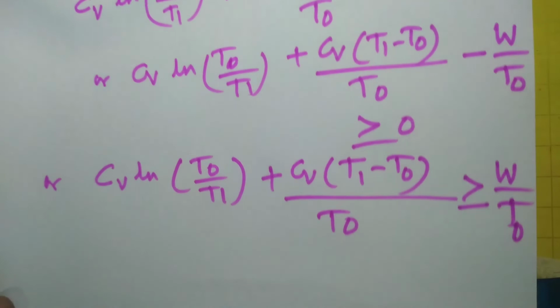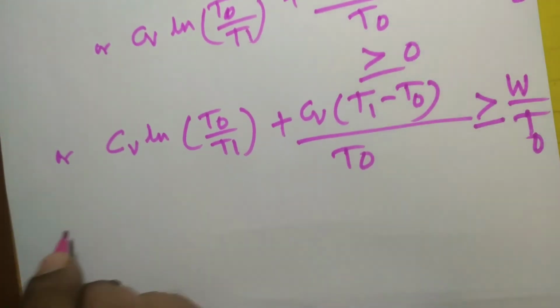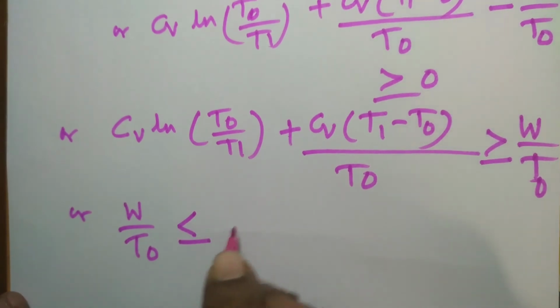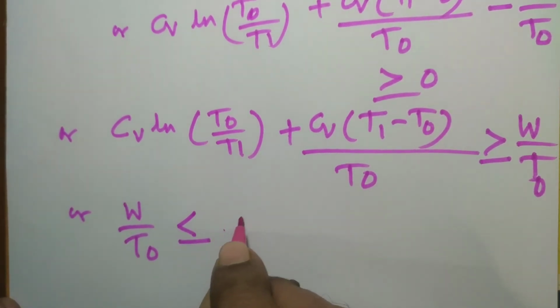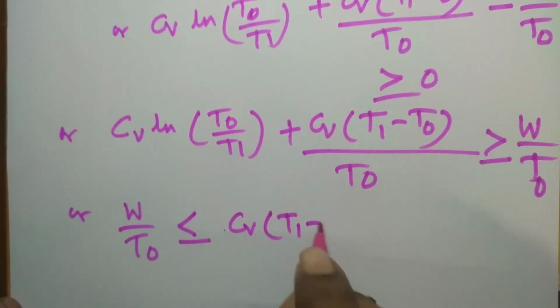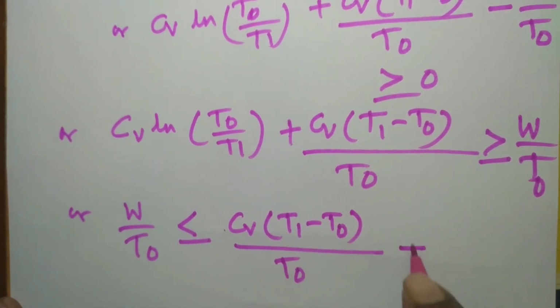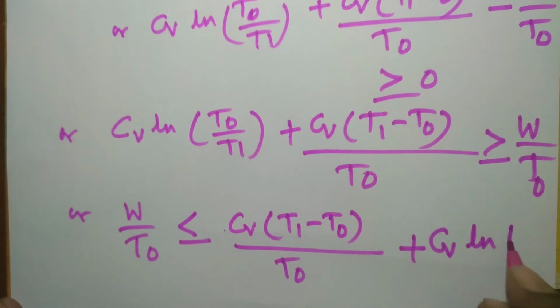Or I can write W by T0 is less than or equal to Cv (T1 minus T0) divided by T0 plus Cv ln T0 by T1.